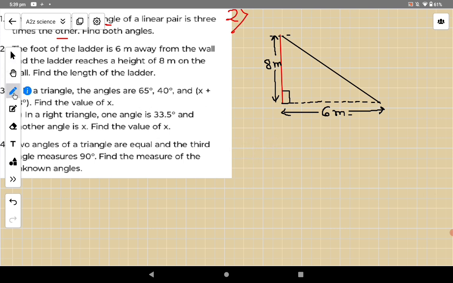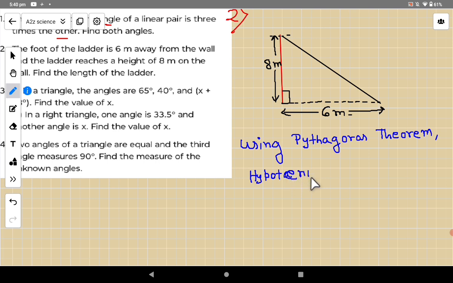According to the Pythagoras theorem, hypotenuse squared equals base squared plus height squared.